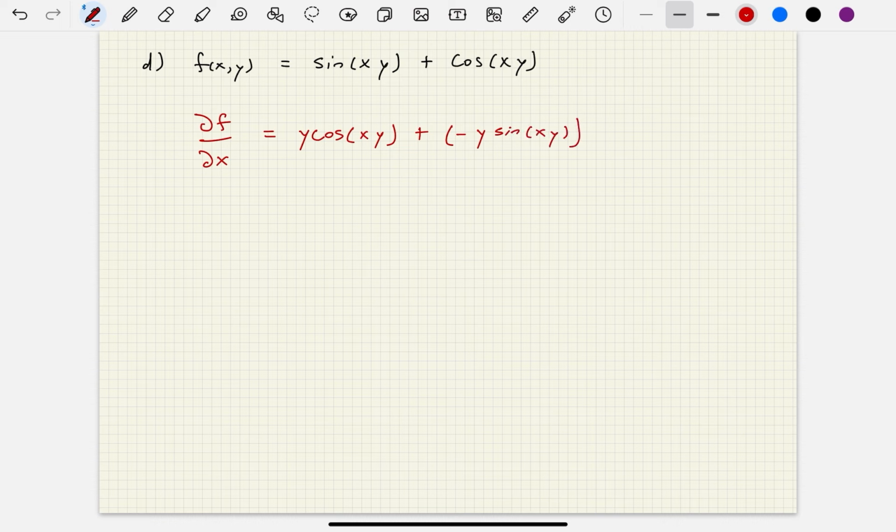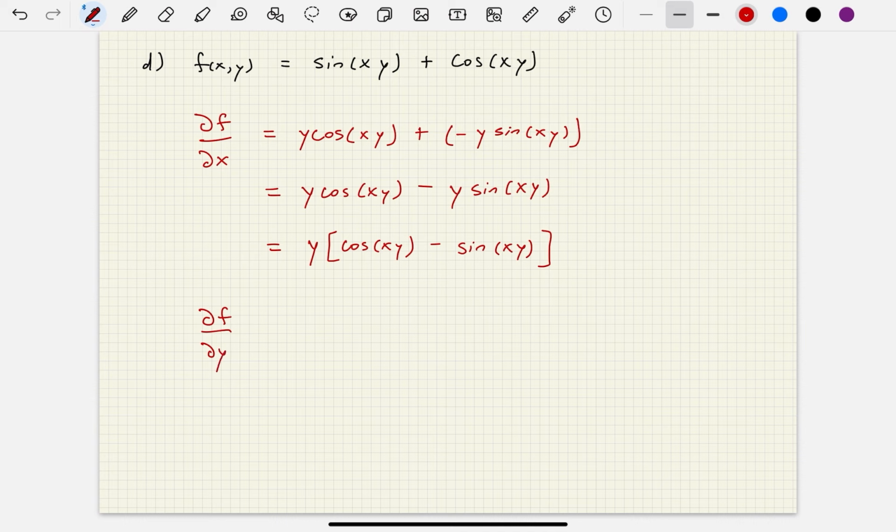So if we were to rewrite this a little bit more compact, that's going to be y cosine xy minus y sine of x times y. And if you want to, you could factor out a y there, and you could get y times the quantity of cosine xy minus sine of xy, if you want to show that, factored out to some extent. Okay. Now, what if I want the first order partial derivative with respect to the y variable now?